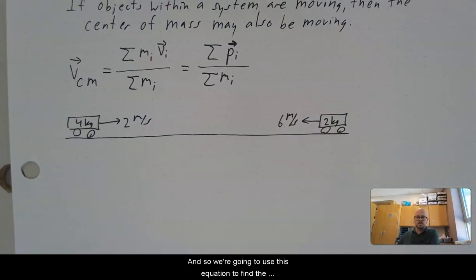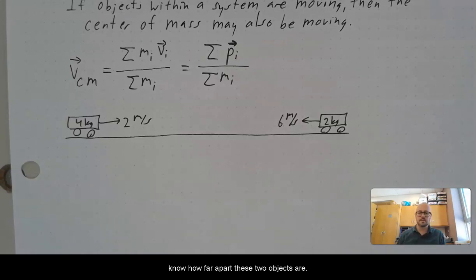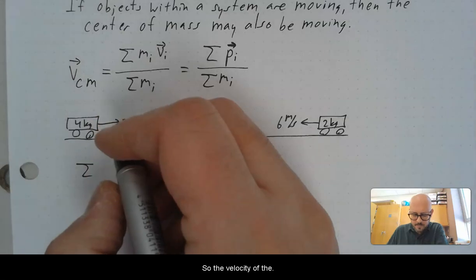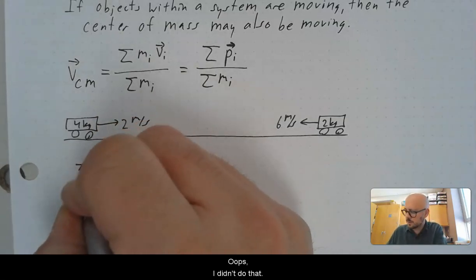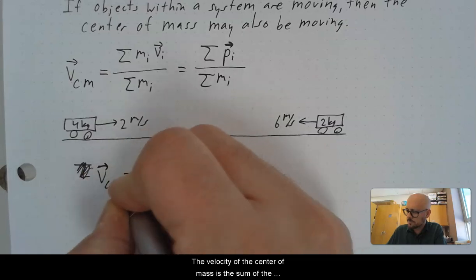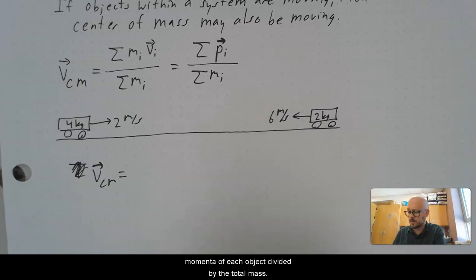And so we're going to use this equation to find the velocity of the center of mass because we don't actually know how far apart these two objects are. The velocity of the center of mass is the sum of the momenta of each object divided by the total mass.